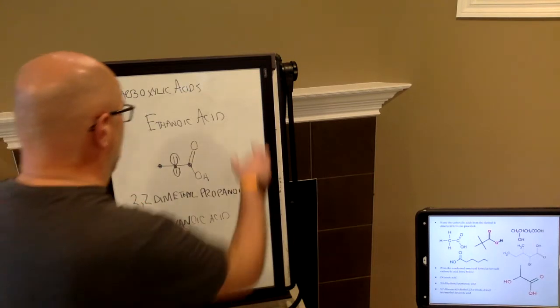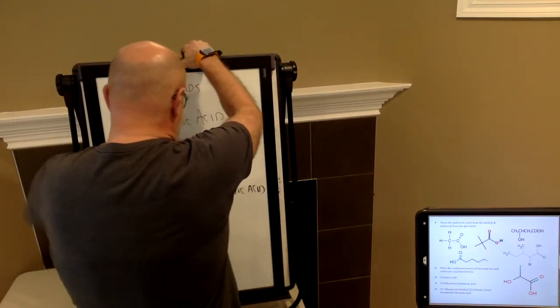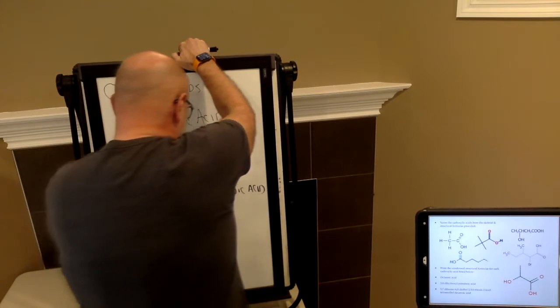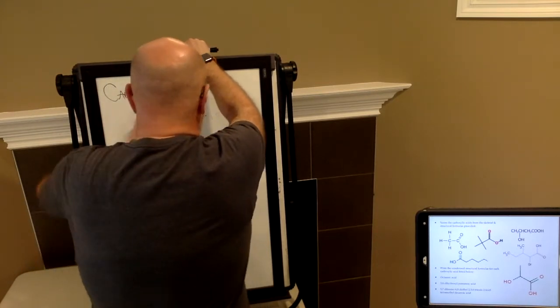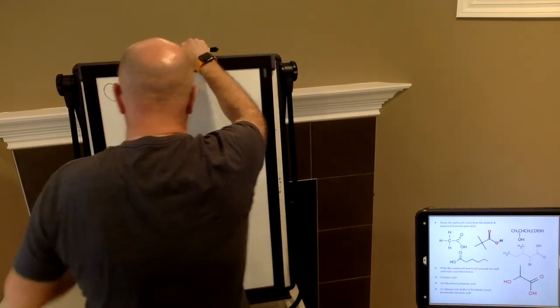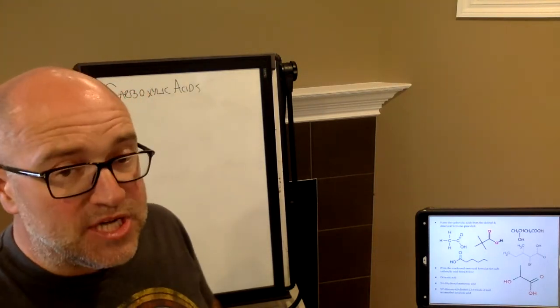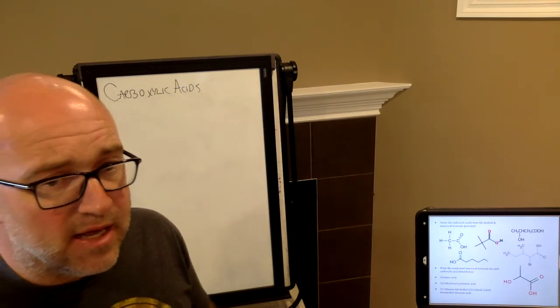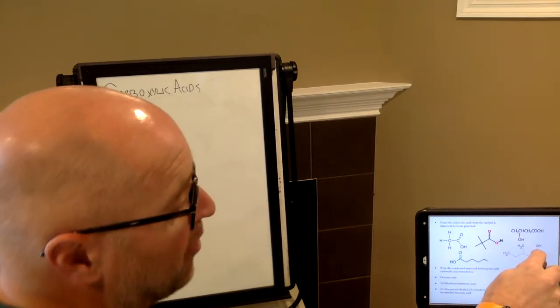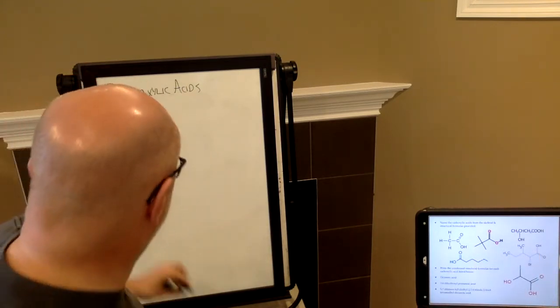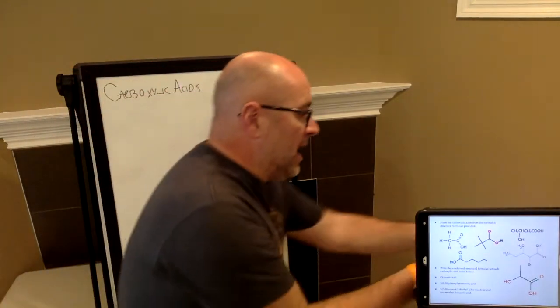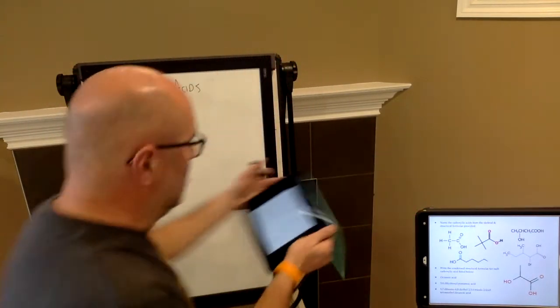Let's go to the next one though. This one is actually combining a carboxylic acid and the halogenated hydrocarbon, or the halogenated functional groups. So again, priority is going to go to my carboxylic acid group. I'm going to borrow my iPad again because it makes my life a little easier.